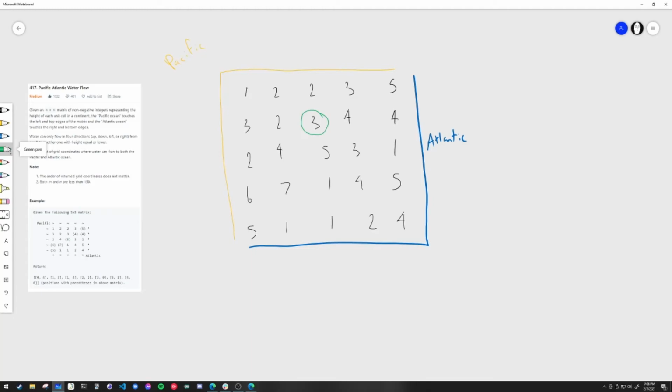Basically, I had 2 DFS solutions going on at the same time, and one of those was looking for the Pacific, and the other was looking for the Atlantic. And when you're doing these, you're basically looking up, down, left, and right for both of them.